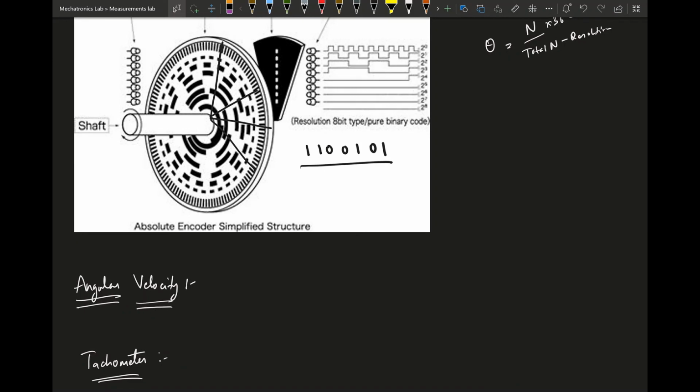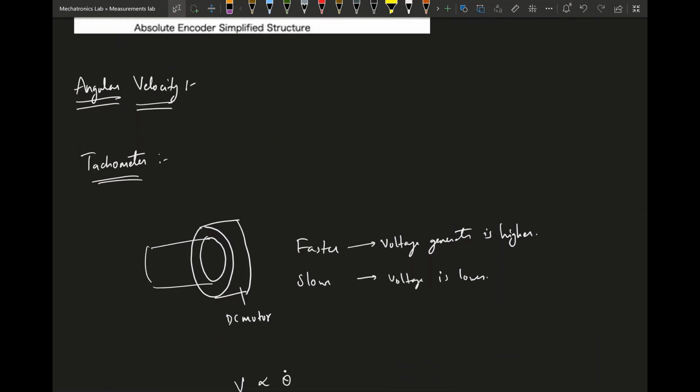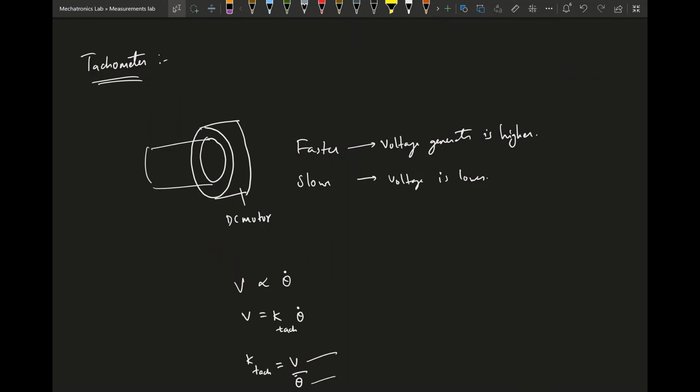And for the next part, we'll be learning about how to measure angular velocity. For angular velocity, we'll be using a tachometer. Generally, a tachometer is a small DC motor that generates electricity. So it generates voltage if you rotate the shaft, right? The voltage generated is directly proportional to the angular velocity.